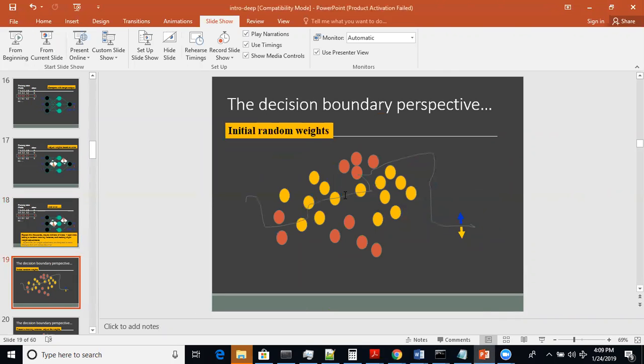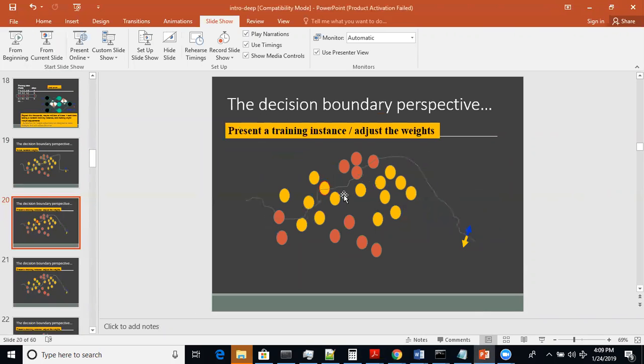So, from a decision boundary perspective, how does it work? The decision boundary has to work like this: present a training instance and adjust the weights. What does adjusting the weights mean? Every time you adjust the weights, ultimately you are creating a graph.